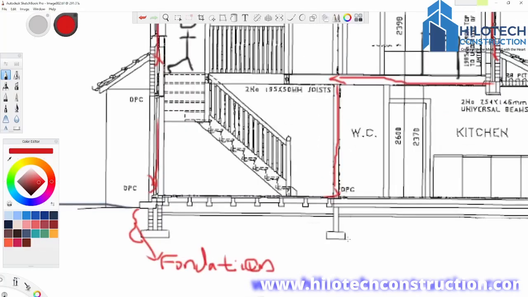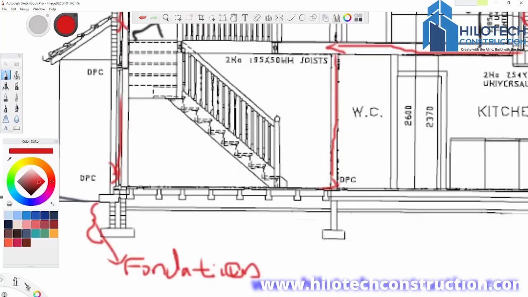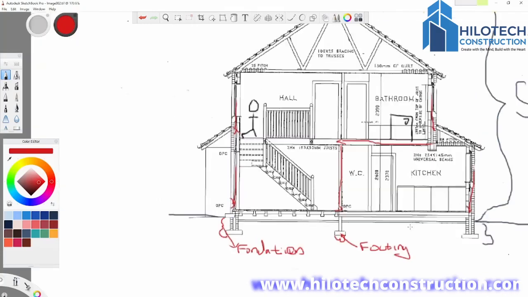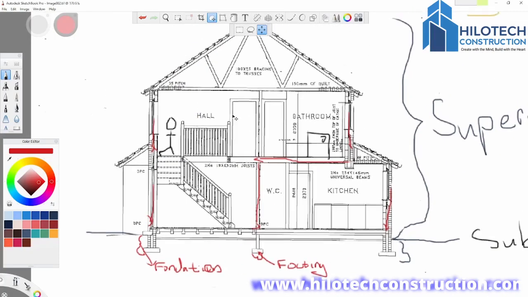Now, a footing actually is just the part that collects the load and sends it to the ground. So this here is the footing. There's a slight difference between a foundation and a footing, but they are always used interchangeably. You can use them the same and there is no problem.